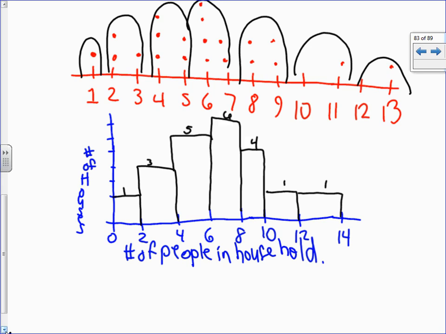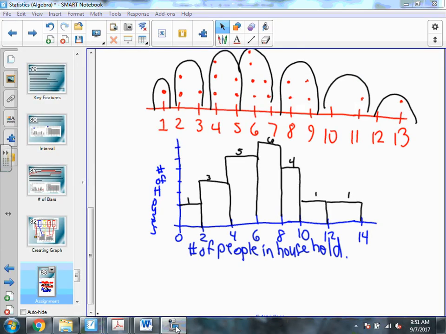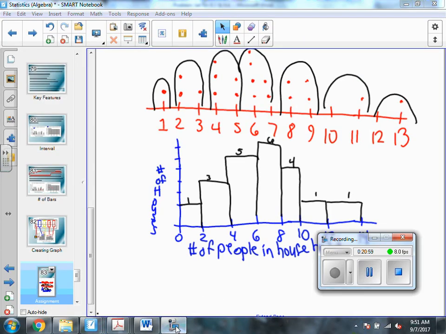Yeah, I have it there. So, one thing I wanted to point out to you is for number 2, you do have to complete a graph.